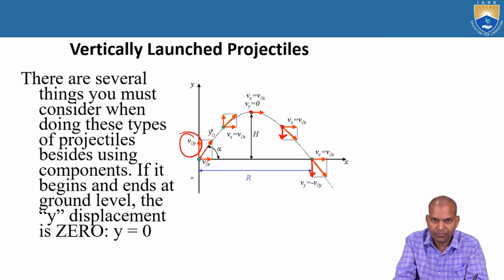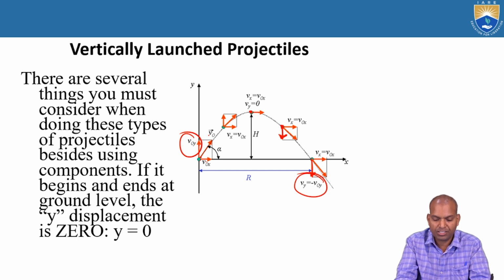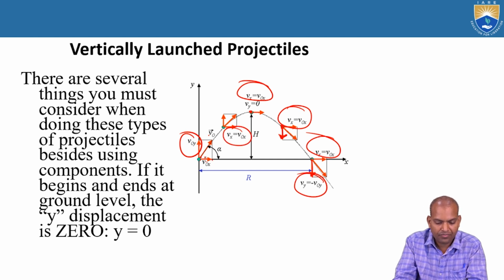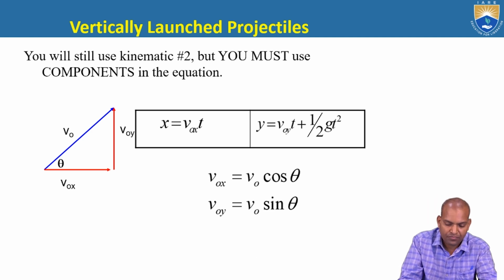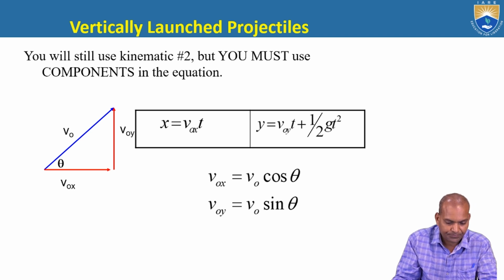At the initial stage V0y is positive, and here, coming downwards, the vertical direction is negative, that is Vy equals V0y in the negative direction. Vx remains the same in all places. That means the horizontal component doesn't change with time; it remains constant in both magnitude and direction.